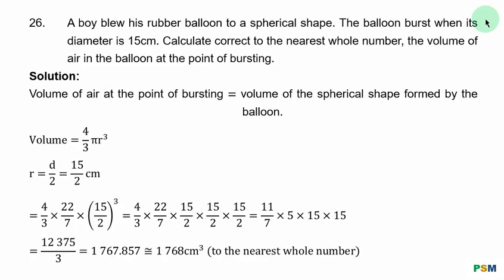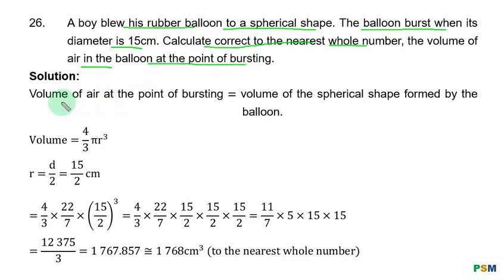Example 26. A boy blew his rubber balloon to a spherical shape. The balloon burst when its diameter is 15 cm. Calculate correct to the nearest whole number the volume of air in the balloon at the point of bursting.